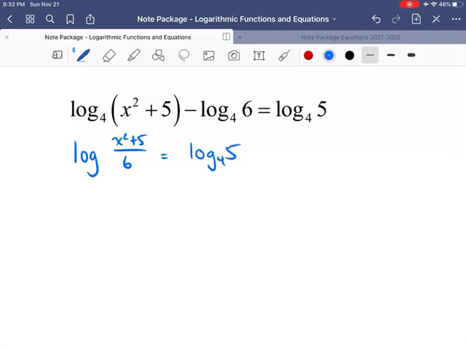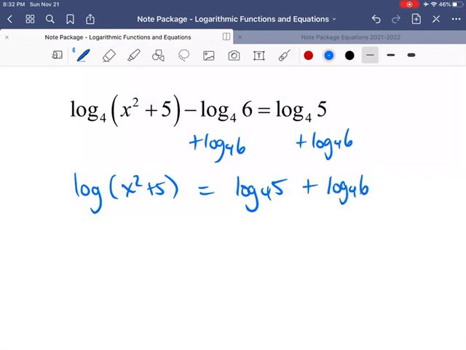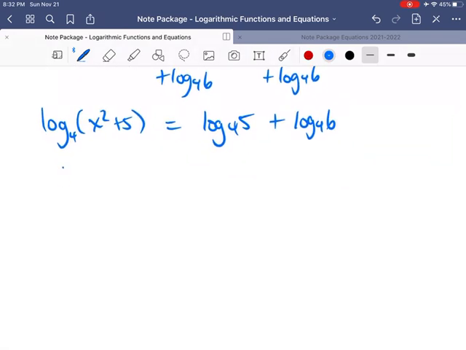I suppose the other step you could do, if you don't want a weird fraction like that, is add log base 4 of 6 to each side, and you'll end up with this. Now the right side is the product rule, so we can multiply those two things. We get log base 4 of (x squared plus 5) is equal to log base 4 of 30.